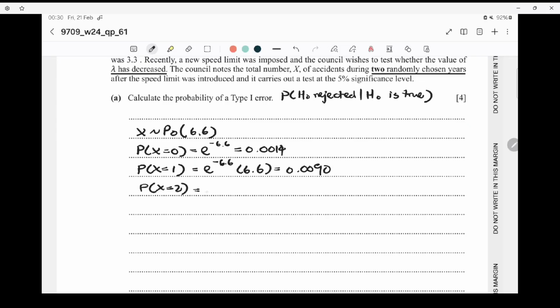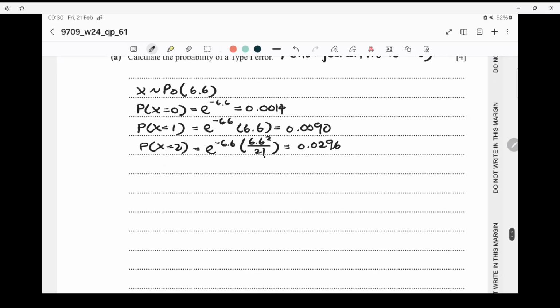If it is 2, this would be 0.0296. If it is 3, this will be given by here.